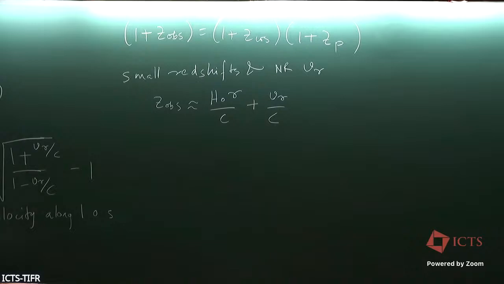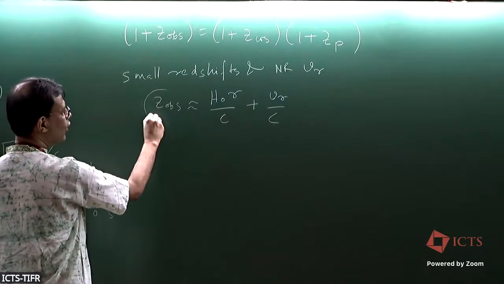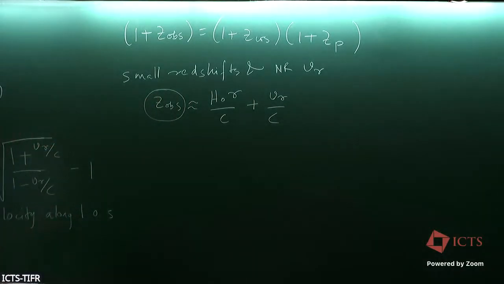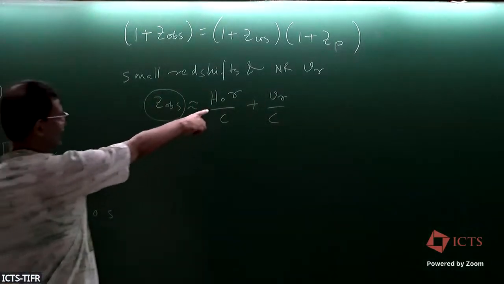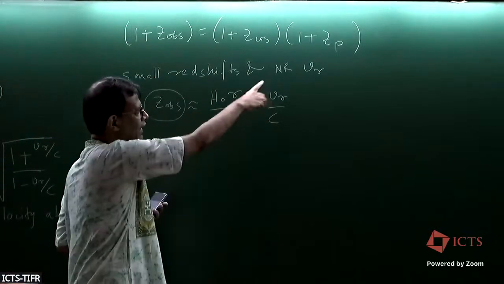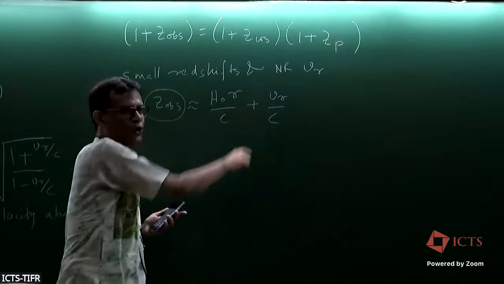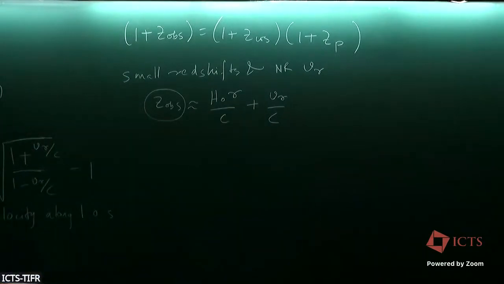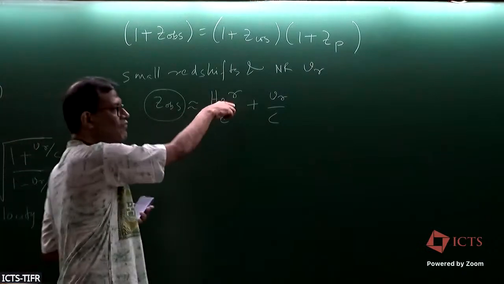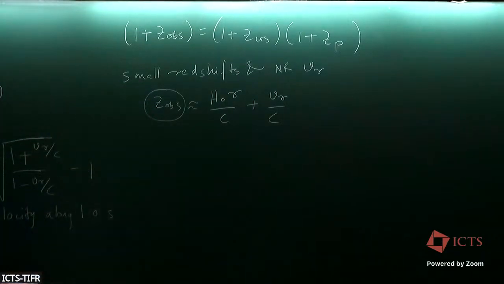See, what is in your hand, what you will observe, is only this quantity. What you are interested in is the true distance, but it is now modified by v, and there is no way of separately estimating the v. What can happen is, if you have an independent measurement of r, you can do the v. So for example, if you have a measurement of the DL, and also you see the host galaxy, so you measure its redshift, then assuming some cosmology, you can use this to calculate what would be the peculiar velocity of that galaxy.